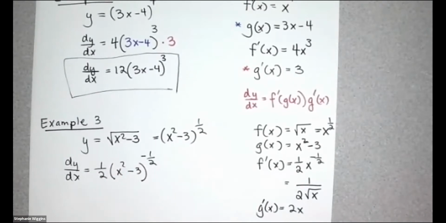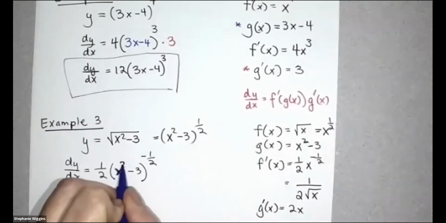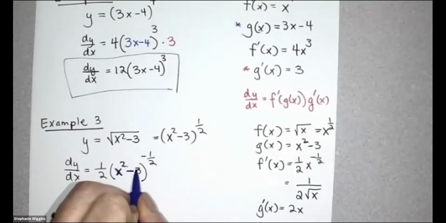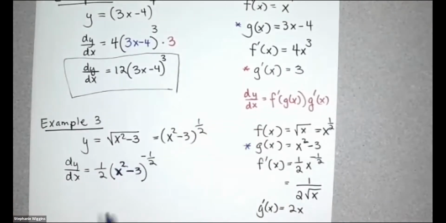Then I should probably put this in blue so you can see how I'm substituting in here my g function. Okay, that goes in here. And then, so the f function derivative is 1/2 input to the negative 1/2. My input is the g of x, which is x squared minus 3.